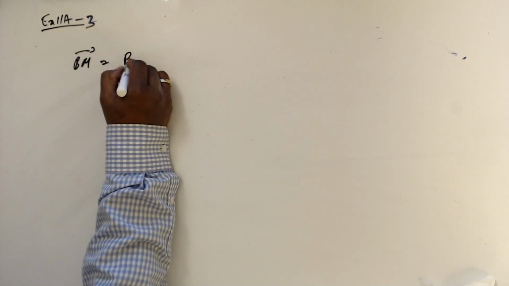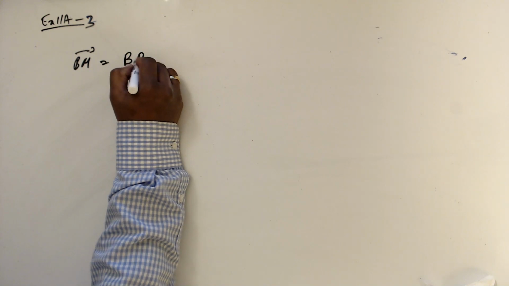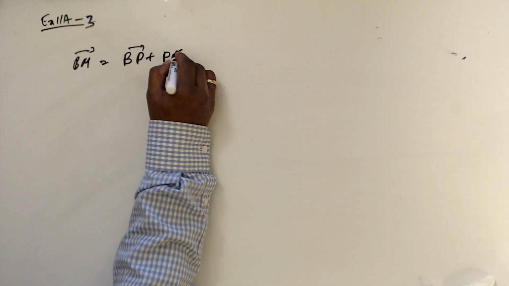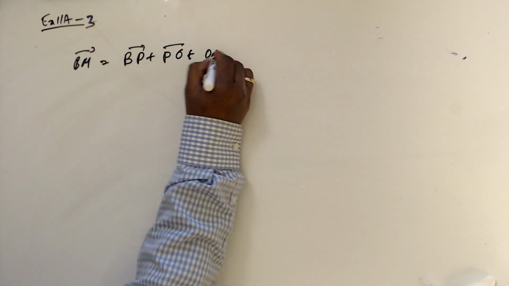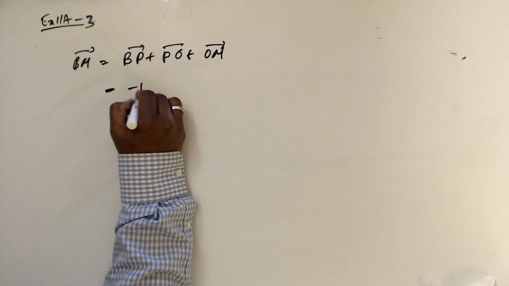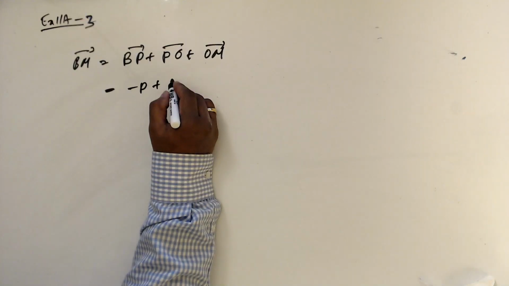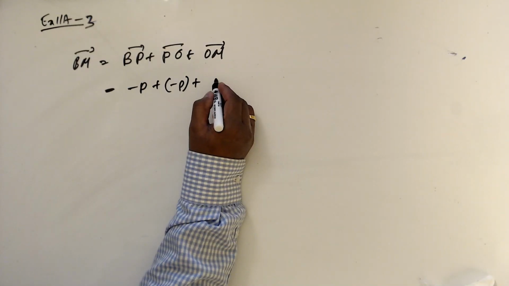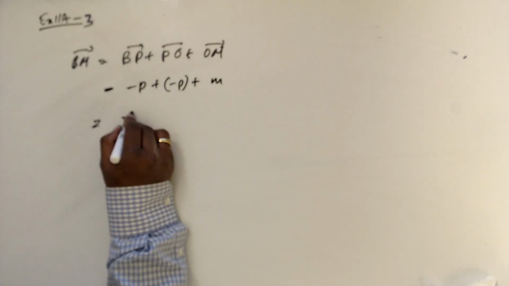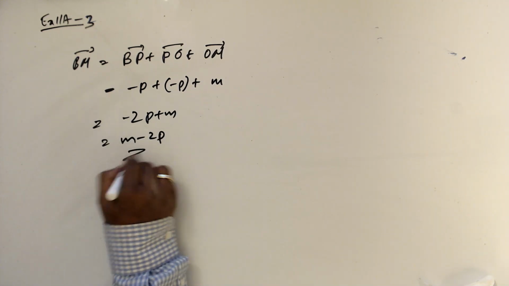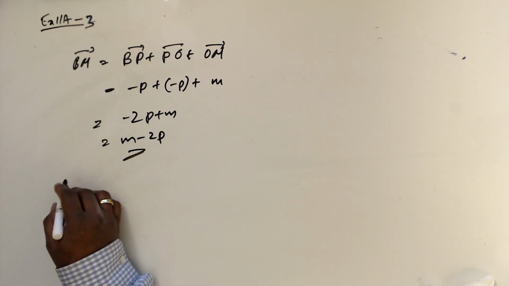BM means BP plus PO plus OM. So BP is minus P, PO is minus P again, and OM is M. So this is minus 2P plus M. Yeah, I think we did this one.